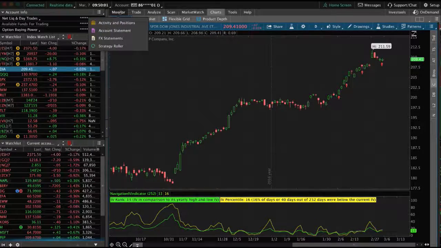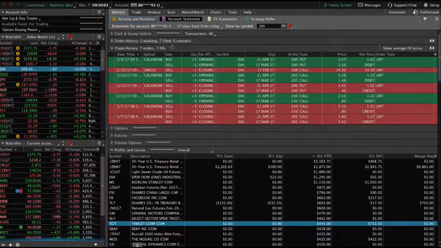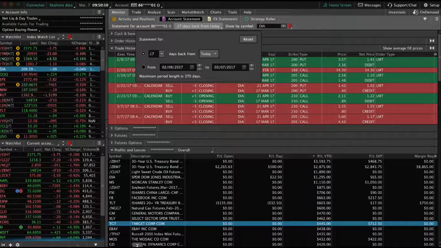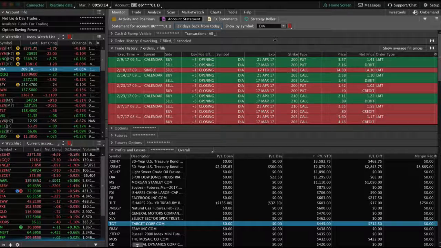If you go to your monitor tab, and for those of you who are not familiar with this feature, you can simply click on days back and change that to whatever you want. I picked 27 days back because that's how many days we were in this trade. So you can see on 2/9, 5 contracts, DIA calendar, front month was March, back month was April, 200 strike, and we paid $1.41 for that calendar.